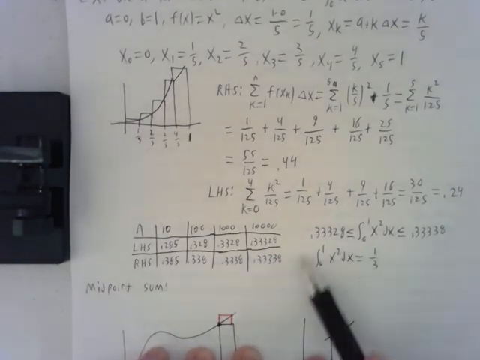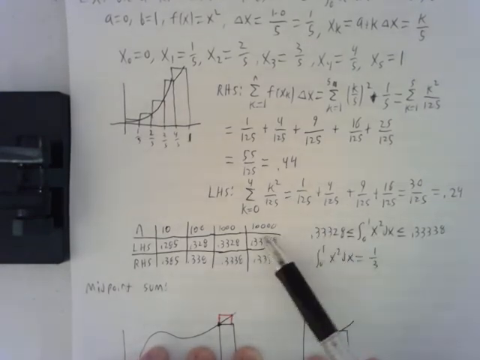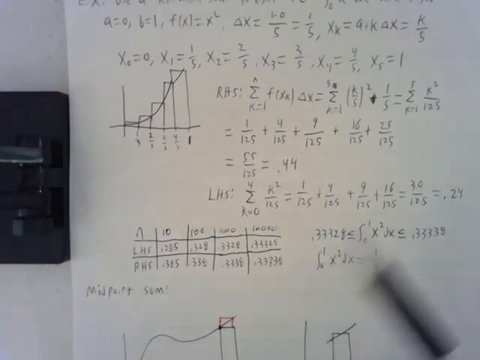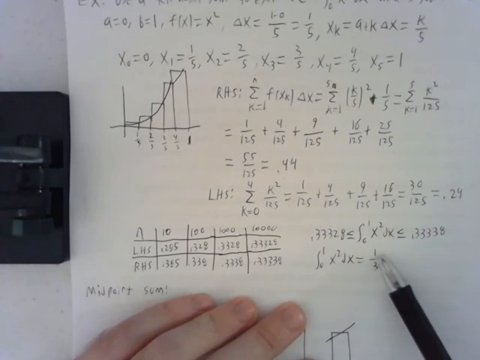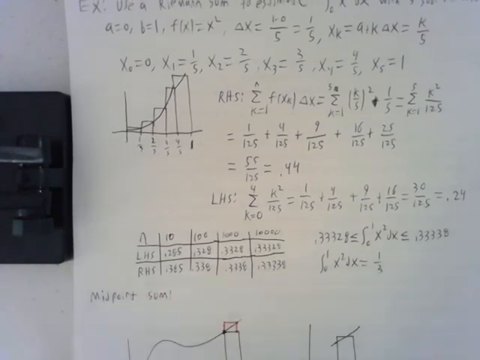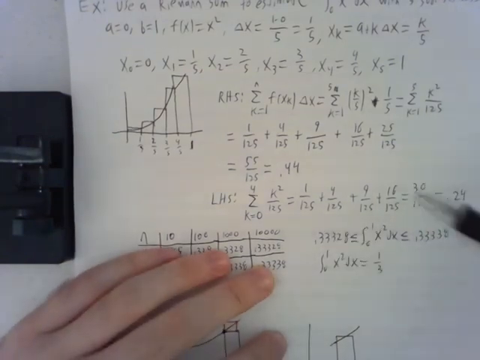No matter how many rectangles we shove into the calculation on the computer, we're just going to get something really close to 1/3, and we wouldn't know for sure that that's actually the exact value. So in the next lecture, we'll see a remarkable result which allows us to say with certainty what the value of the integral is.